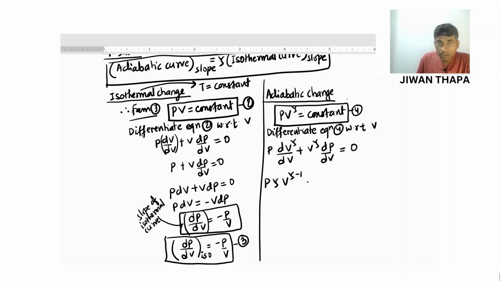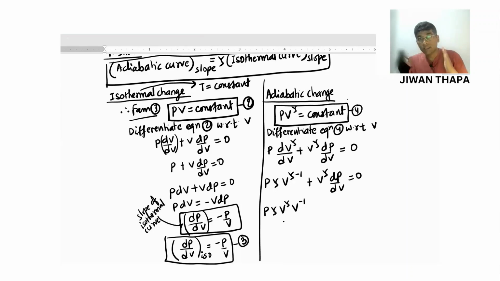So we have this plus V gamma dP by dV equals 0, and after simplification, we can write P gamma V power gamma minus 1 dV plus V power gamma dP equals 0.